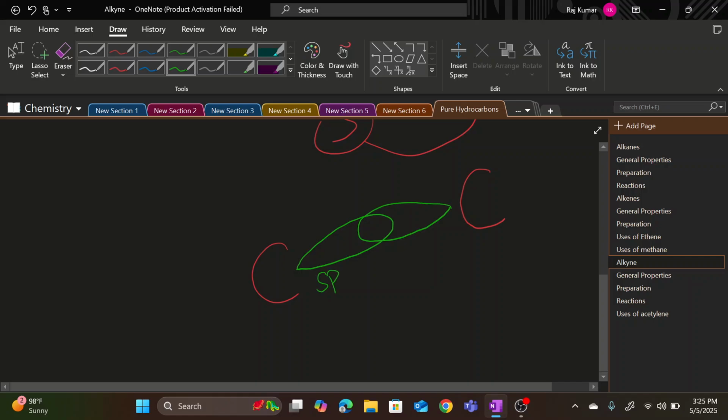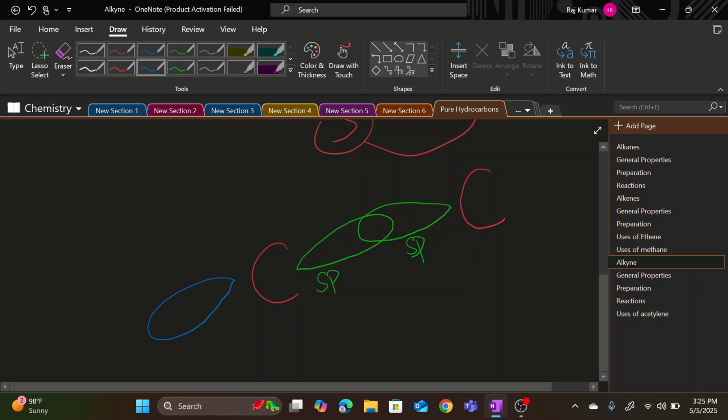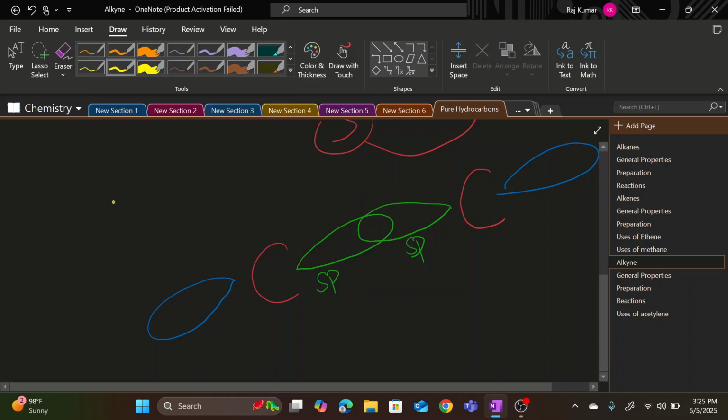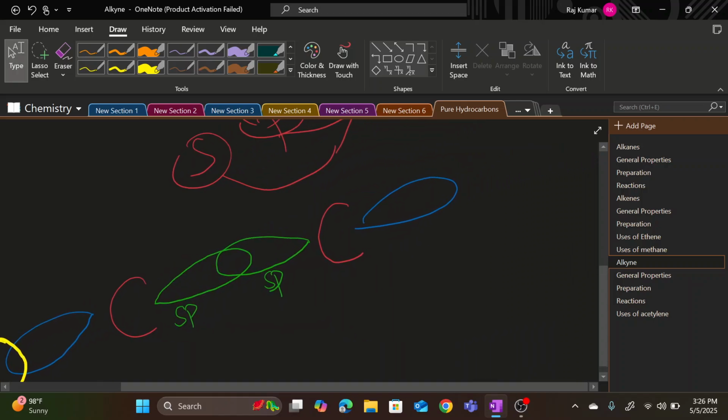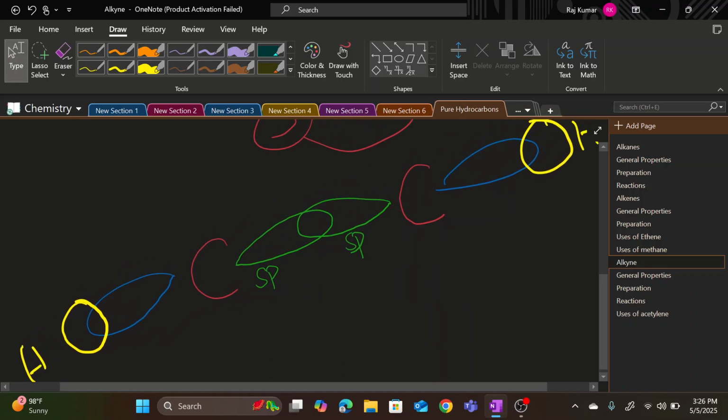This is an sp hybridized orbital of this carbon, and this is an sp hybridized orbital of this carbon. And I draw another sp hybridized orbital here. This is the s orbital of the hydrogen, hydrogen over here and hydrogen over here. This is s, this is s.